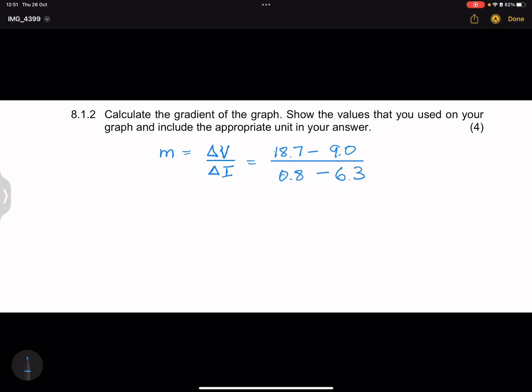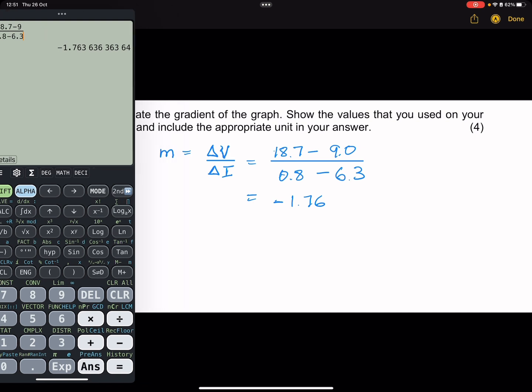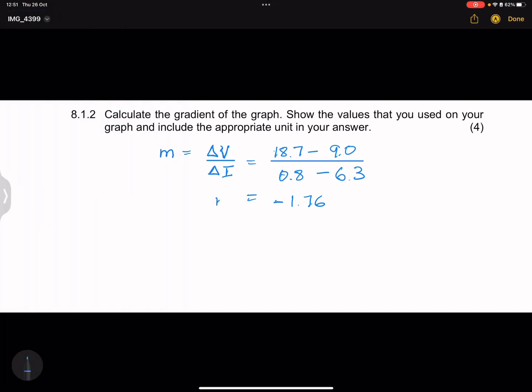Please remember to maintain that order. So this would be 18.7 minus 9, divided by 0.8 minus 6.3. I get a value of negative 1.76. That would be my value for the gradient.